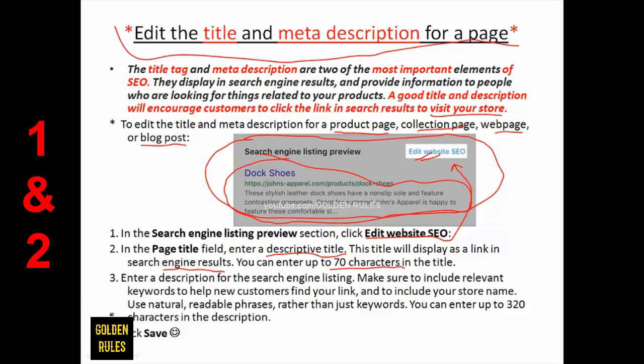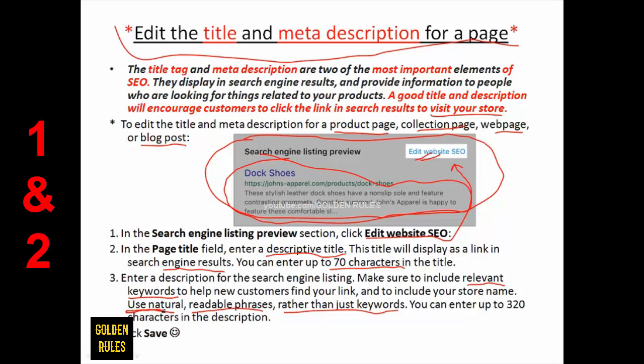Now enter a description for the search engine listing. Make sure to include relevant keywords to help new customers find your link and to include your store name. The most important thing here is to use natural, readable phrases rather than just keywords. Guys, this is most crucial.